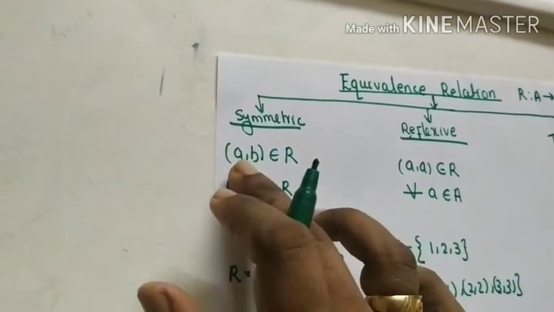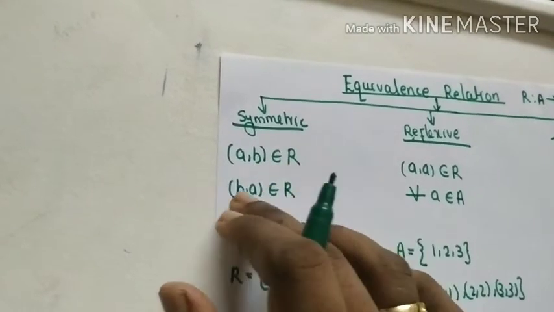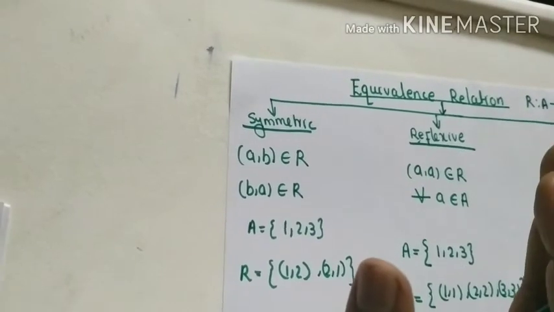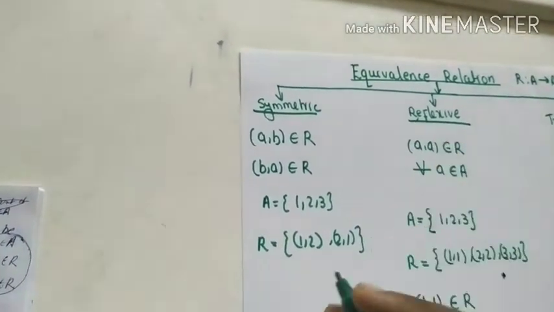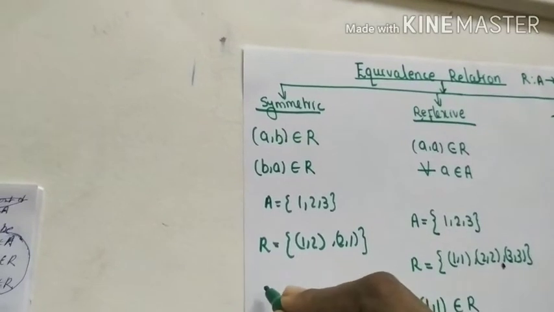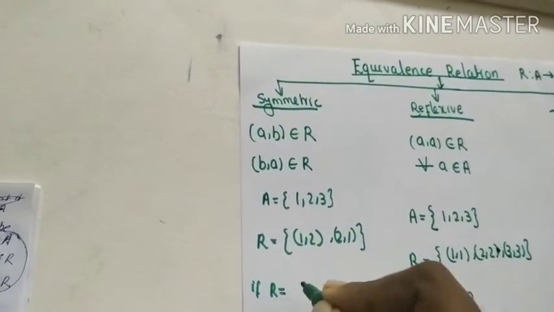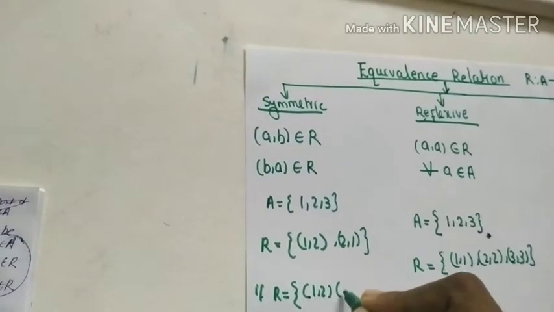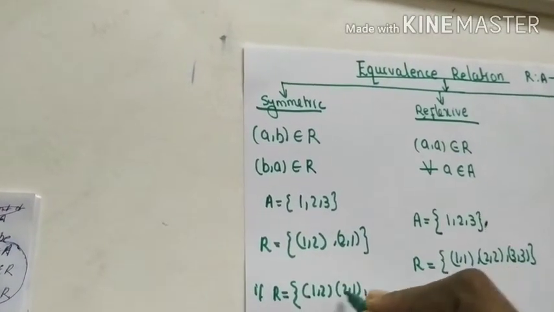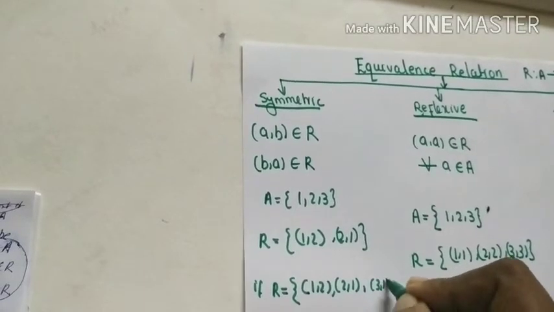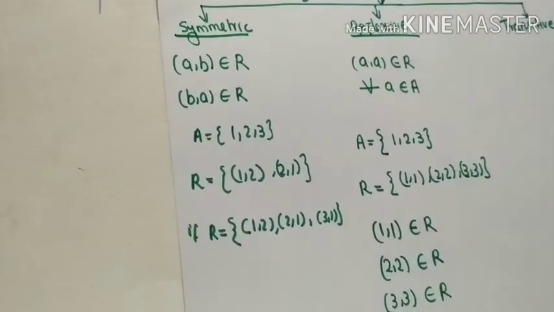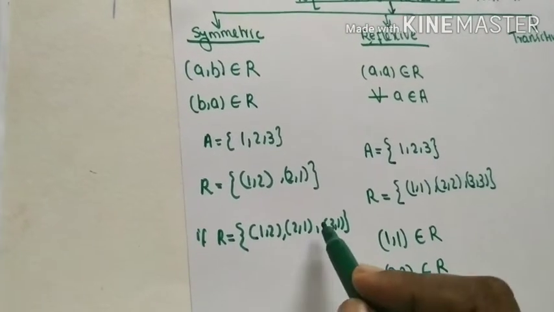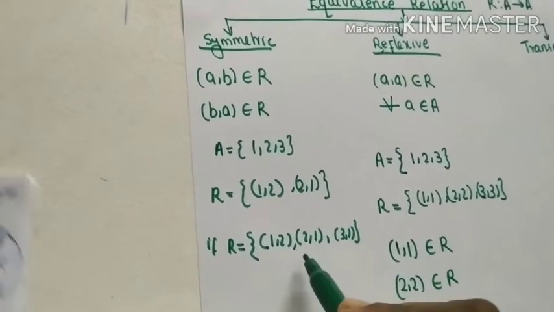That is, (a, b) is an element of R, then (b, a) also must be an element of R. Okay. And if my relation consists of elements (1, 2), (2, 1) and (3, 1), and if I pick (1, 2) here, the reverse (2, 1) is also present in this relation.